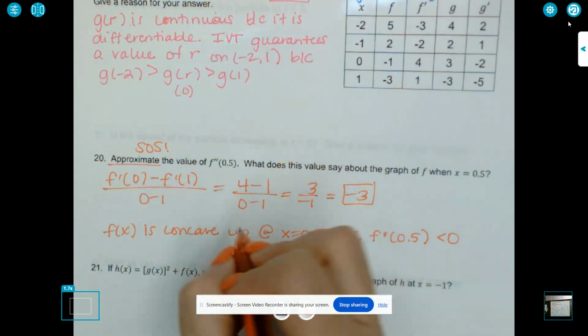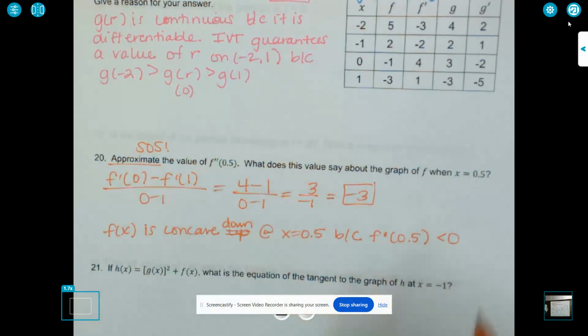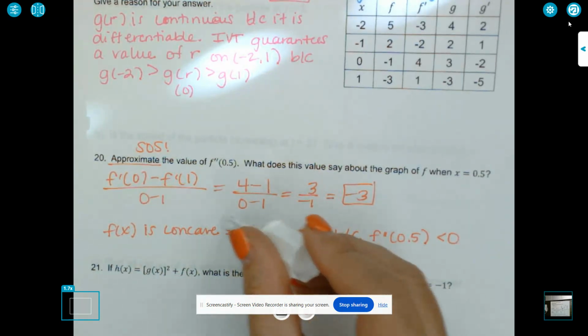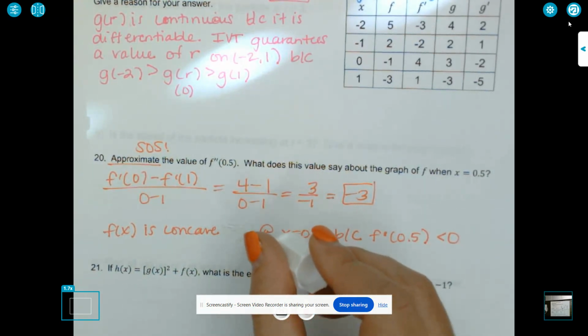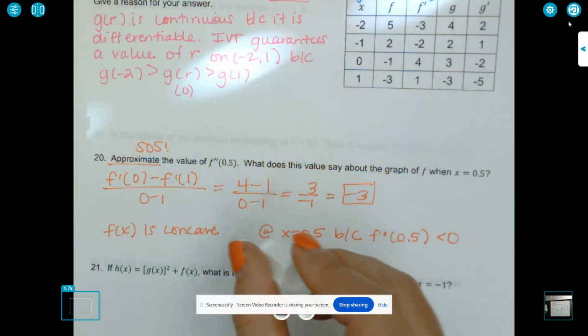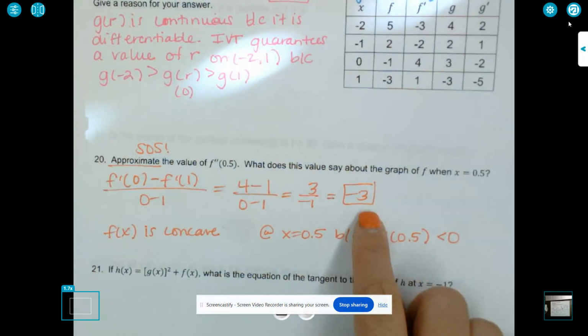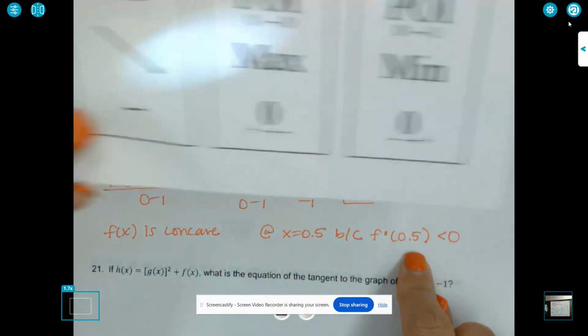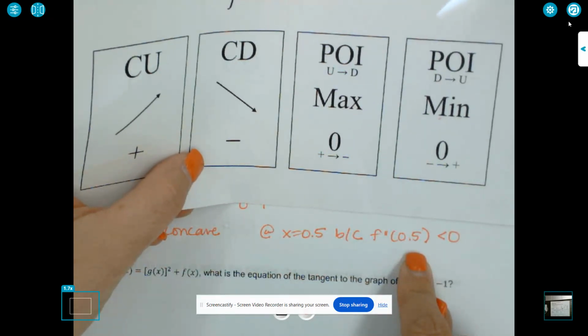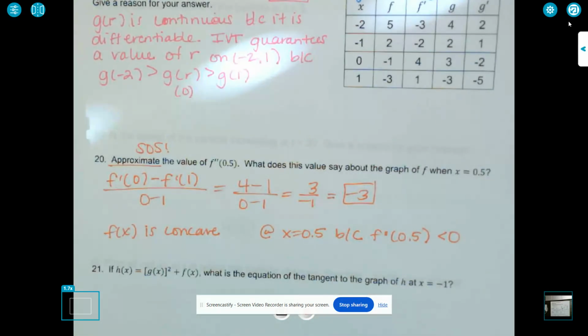Lord. Concave down. Okay, just a reminder, I had to get up real quick and grab my little cheat card. Whenever we found out that this was less than 0, we can say that because it is less than, then we are concave down.